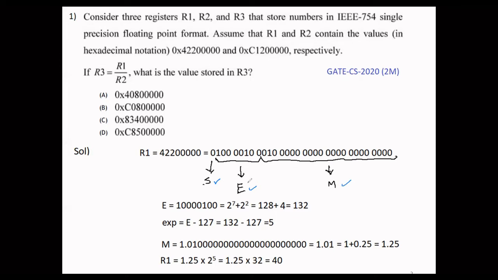E is already given. Find its decimal equivalent: 2 power 7 and 2 power 2, if we add, 128 plus 4, is 132. That is the biased exponent. So how do we get the original exponent? E minus 127, that is 132 minus 127, which is 5. This is the original exponent.